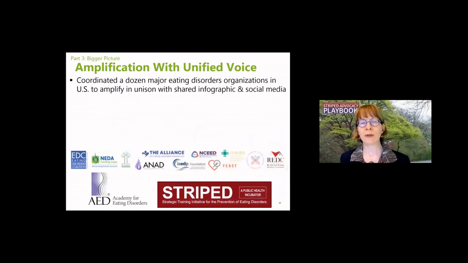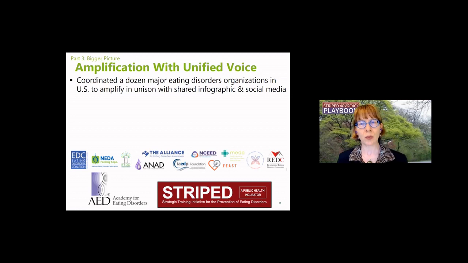So as part of the amplification effort, we coordinated with a dozen major eating disorders organizations in the US so that we could amplify in unison with a single shared infographic and shared social media. On the bottom part of the screen, you'll see many of the major eating disorders organizations in the US. We collaborated with all of them.